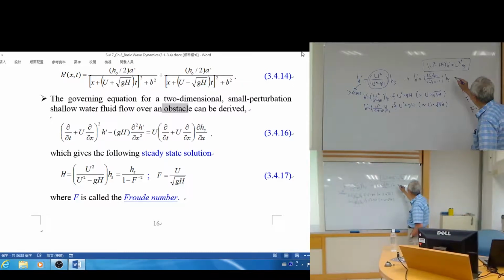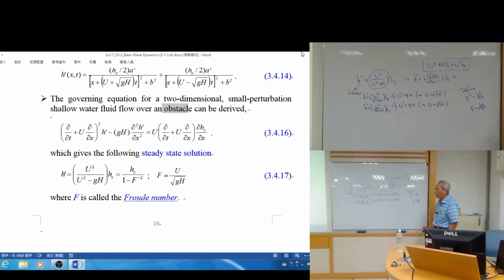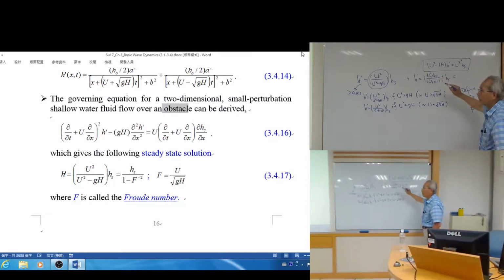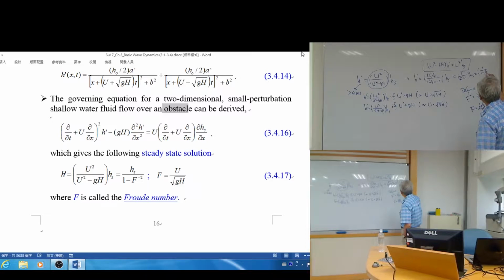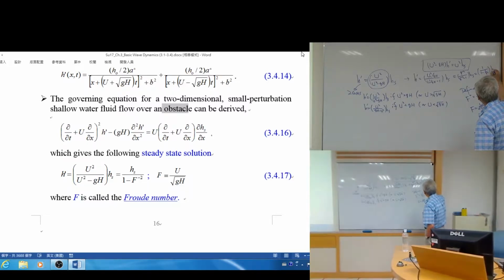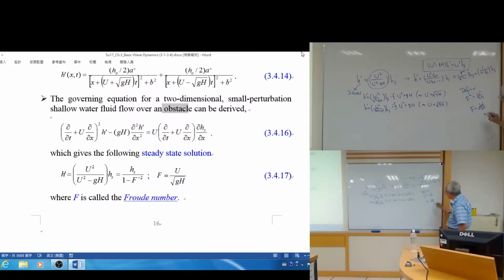So then this term will become F squared divided by F squared minus 1, times h sub s. Or we can write it as 1 divided by 1 minus 1 over F squared, times h sub s. And this is called the Froude number.